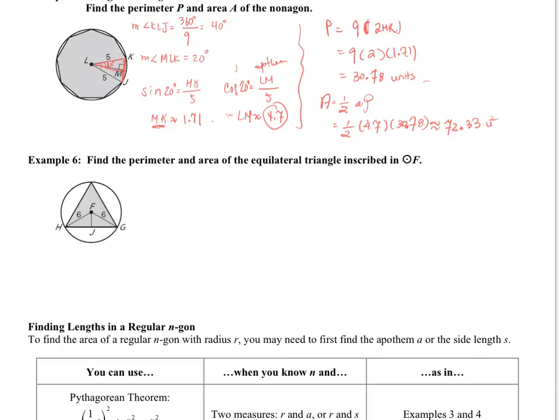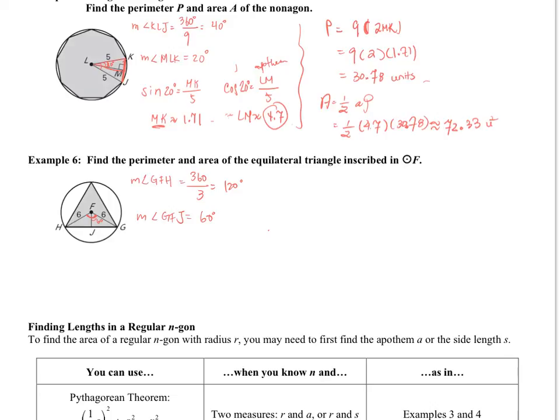We don't have the side lengths or anything, but we can still first find the central angle measure, GFH, by taking 360 degrees divided by 3, so that's 120 degrees. If this is 120 degrees, then half of that will be 60 degrees. So measure angle GFJ would be 60 degrees.